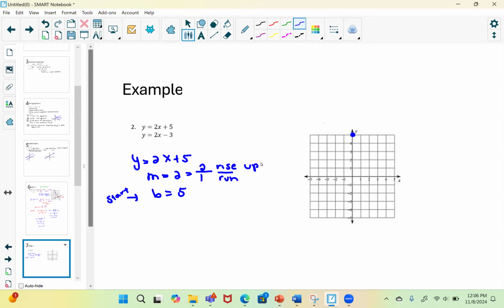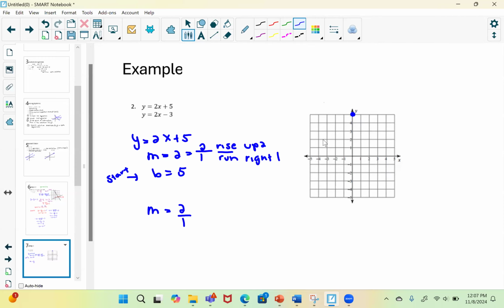So we go up 2, right 1. But we're going to say, okay, wait a second. If we do that, we're off our graph, and that doesn't happen. So if I get a slope and I count it and it's off my graph, we can go the complete opposite way.